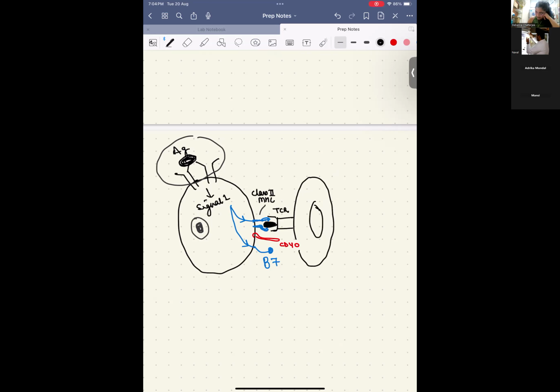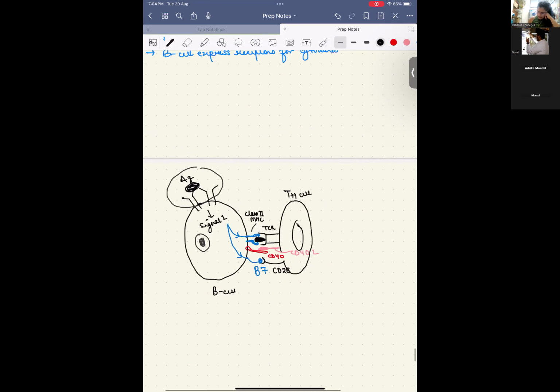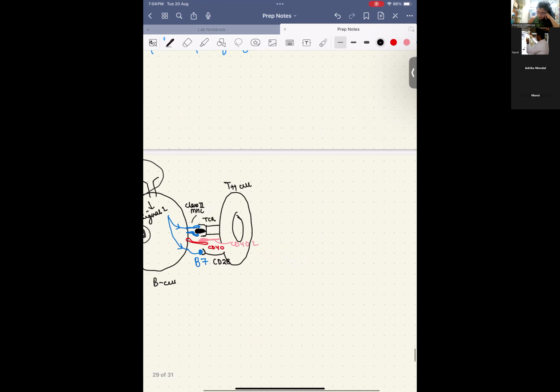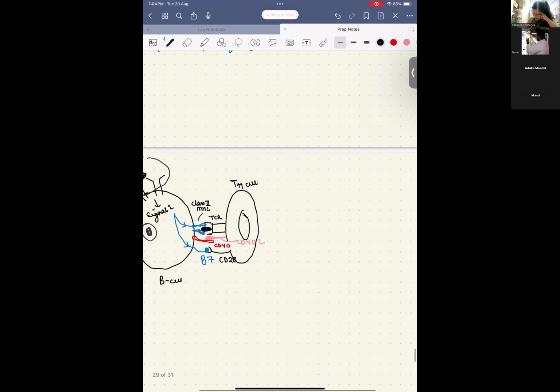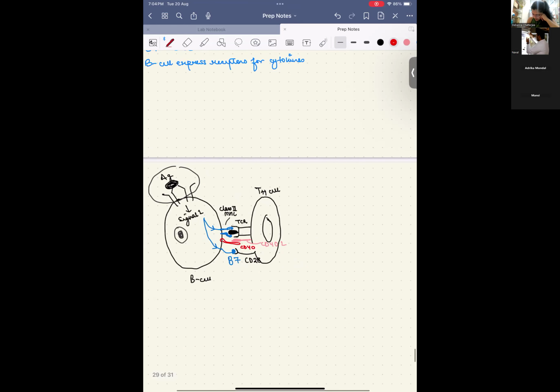antigen present in complex with class 2 MHC molecule. Apart from that, this B cell has CD28 molecule, and it also has CD40L. So when all these three interactions are in place, this binding is going to send back signal 2.